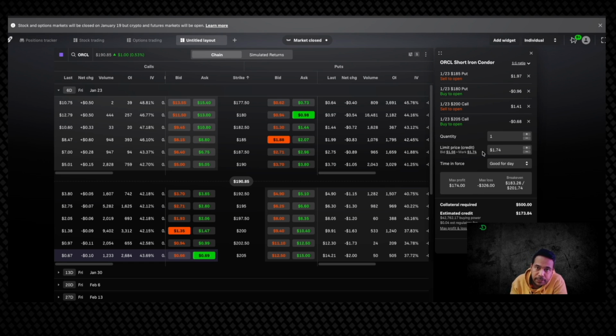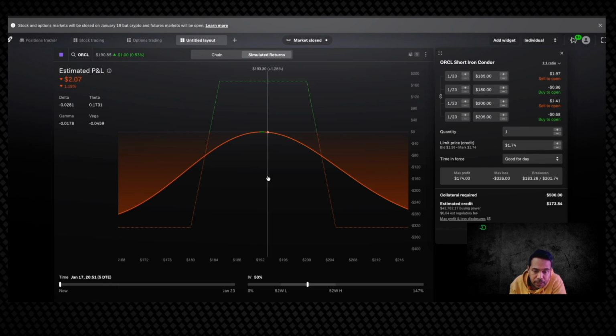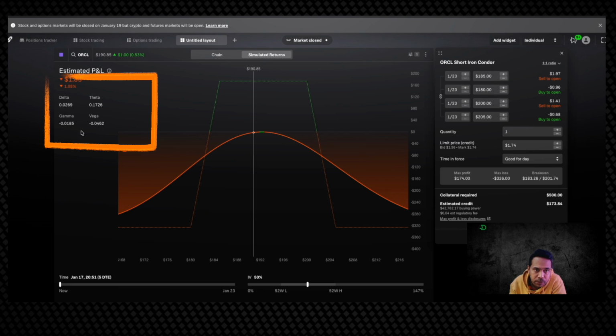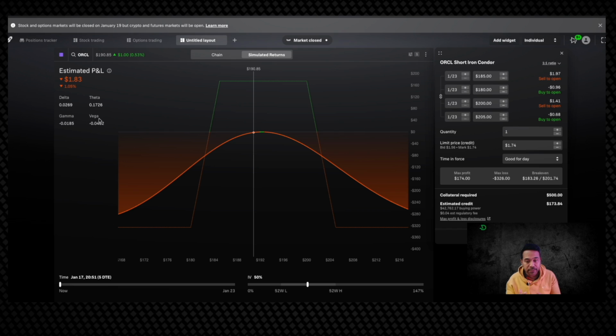Now the good thing, the one that you are not seeing in the other view that you can see in Robinhood Legend, is to click on this simulated returns, right? Once you click on that, this nice graph comes in. And look here, this is the portion that I was talking about. You can actually see the overall Greeks for this iron condor, right?